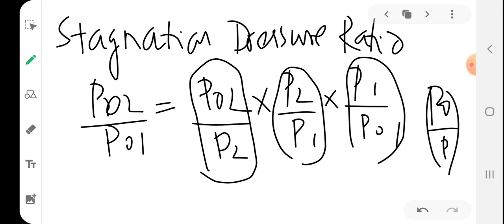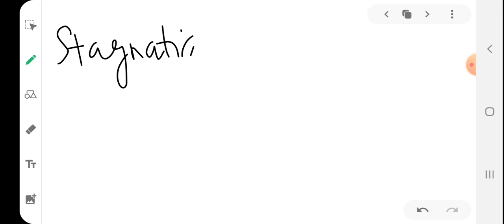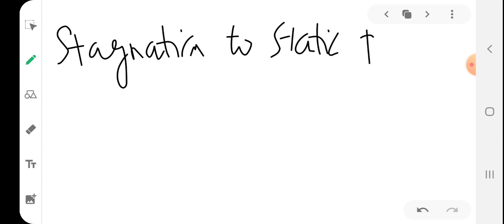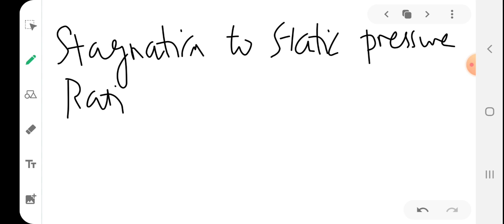Table for normal shock is there. Similarly, one more ratio is there: stagnation to static pressure ratio, that is P02 to P1. The stagnation pressure of the downstream value and static pressure of the upstream value.